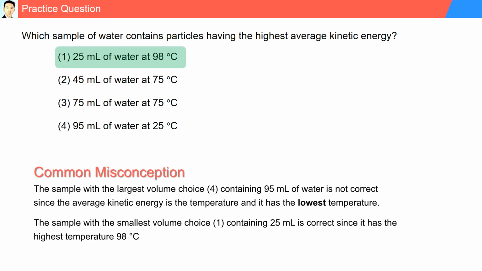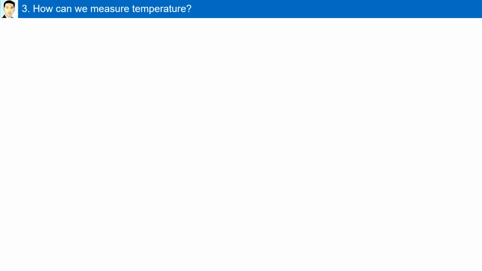A common misconception: the sample with the largest volume, sample 4, at 95 ml of water is not correct, since the average kinetic energy is the temperature, and sample 4, or choice 4, has the lowest temperature. The sample with the smallest volume, choice 1, which is 25 ml, is correct since it has the highest temperature at 98 degrees Celsius.